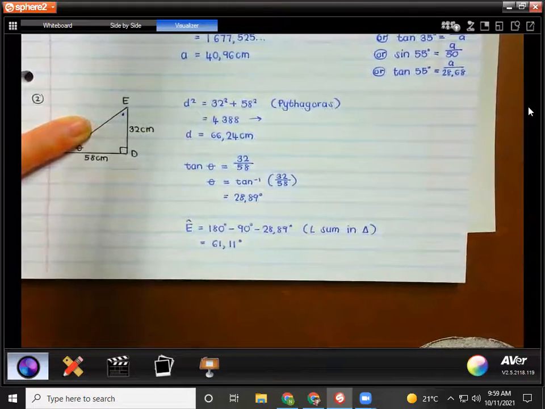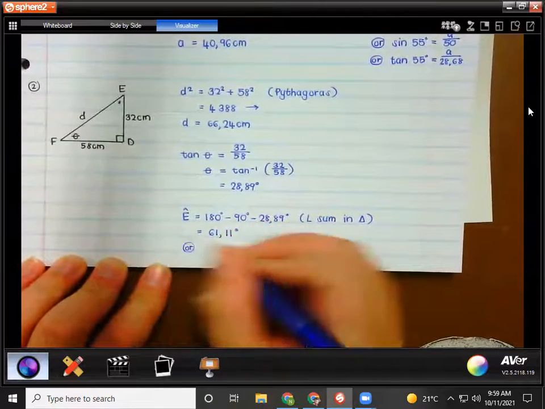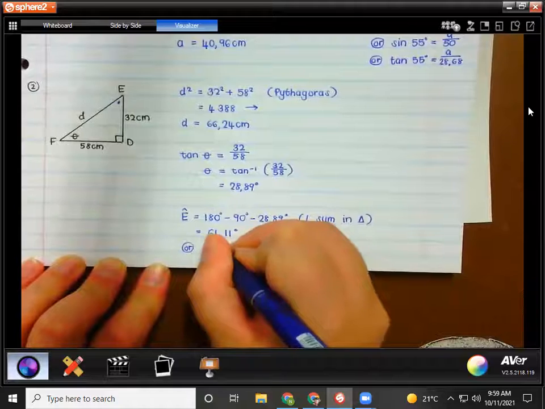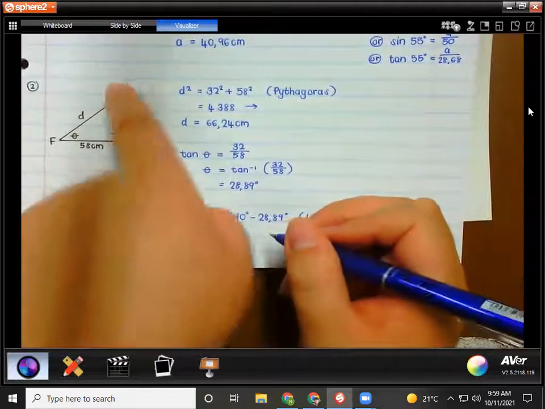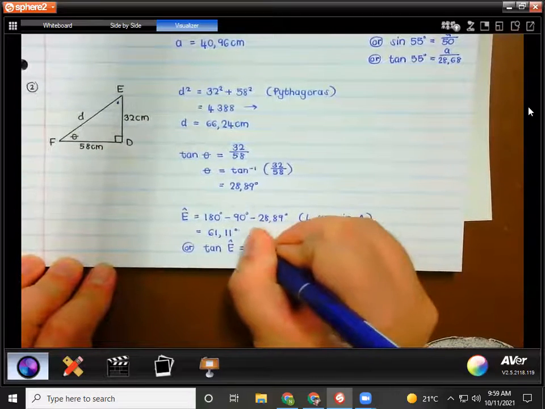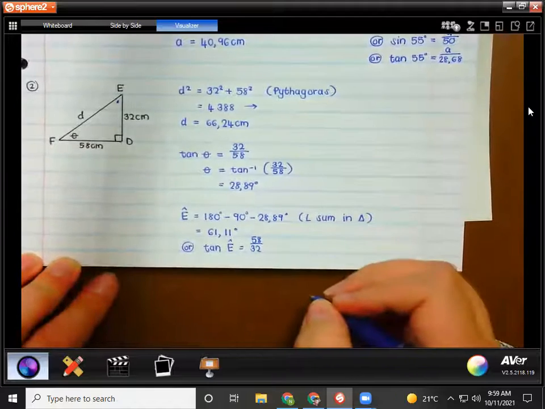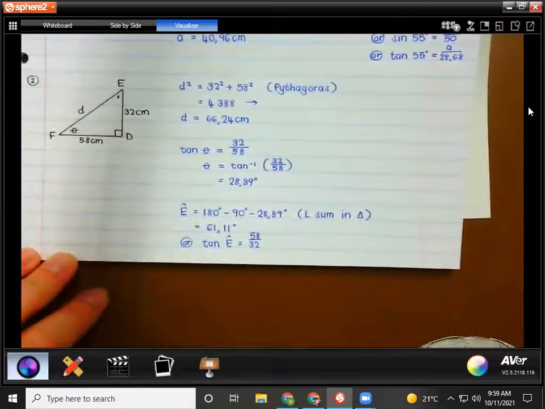And then you do your shift tan thing. Okay, so I'm just going to write that at the bottom here. Or tan of E is opposite over adjacent, so 58 over 32. And then from there, you would do shift tan of that and you'll get the same answer.